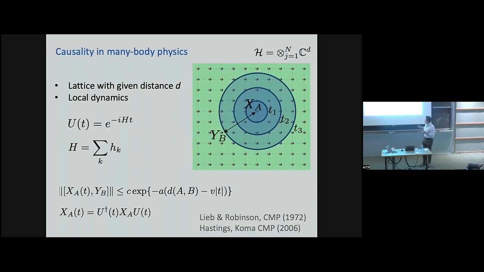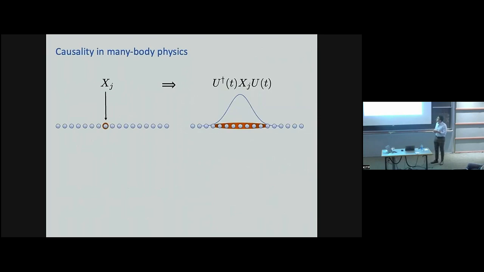So this is the statement, and there is a probably more intuitive way of seeing this, which is about operator support. So suppose that now you are in one spatial dimension, so you have your line of qubits with a natural notion of distance.